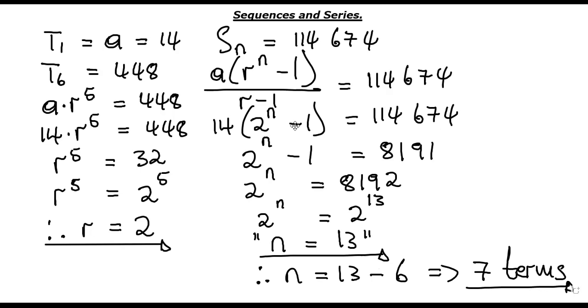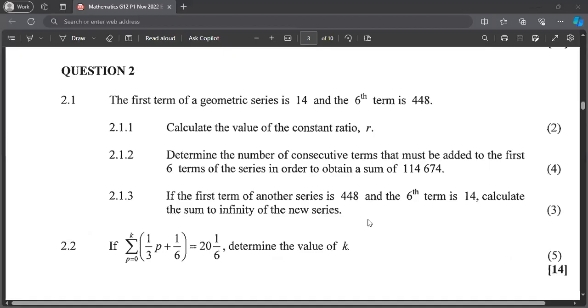Right. Now let's look at the next question. So this one says, if the first term of another series is 448 and the 6th term is 14, calculate the sum to infinity of the new series.